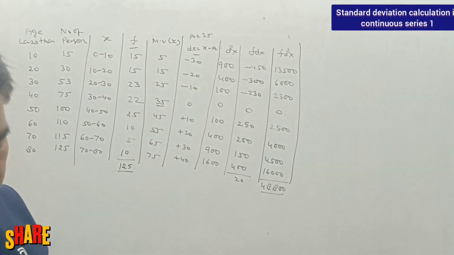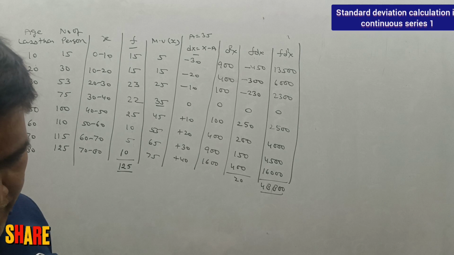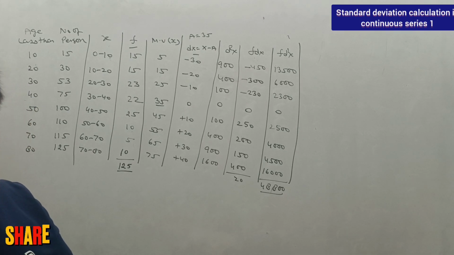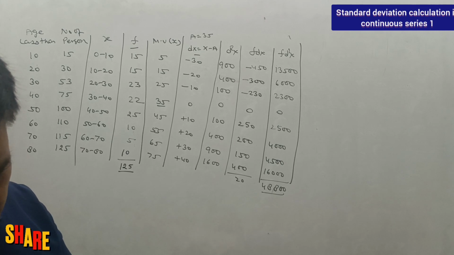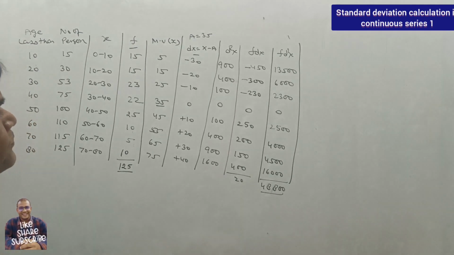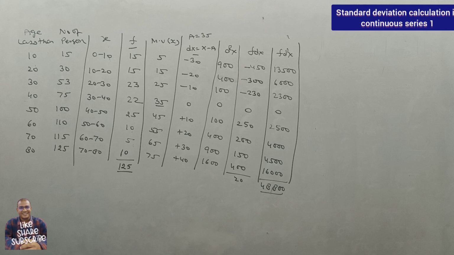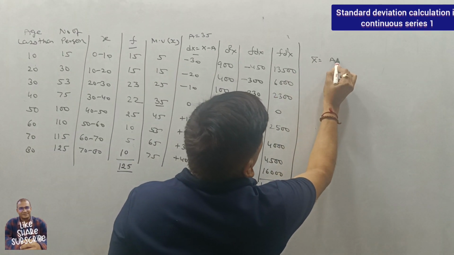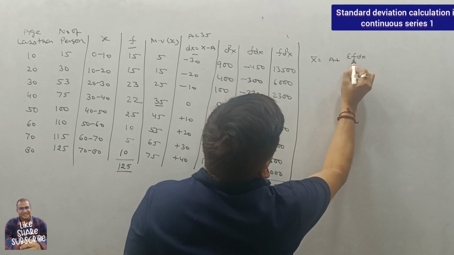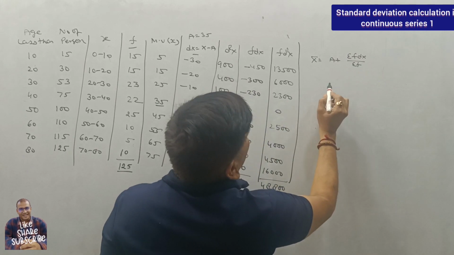So we have calculated the value, that is 48800. Okay. Now the value of x bar is equal to the assumed mean plus sigma f dx divided by sigma f.